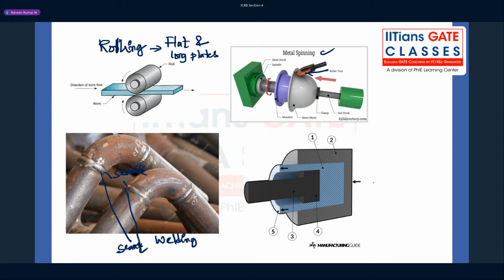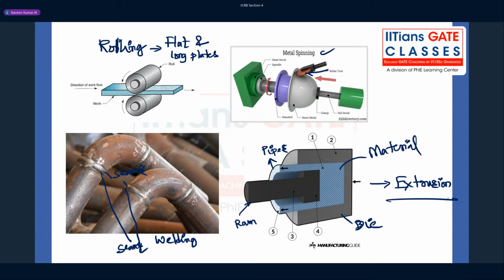But here, if you see, this is extrusion. Directly extrude how much you want. Long extrusion can happen, and these are your pipes. This is the ram you're pushing through, this is your die, and this is your material.